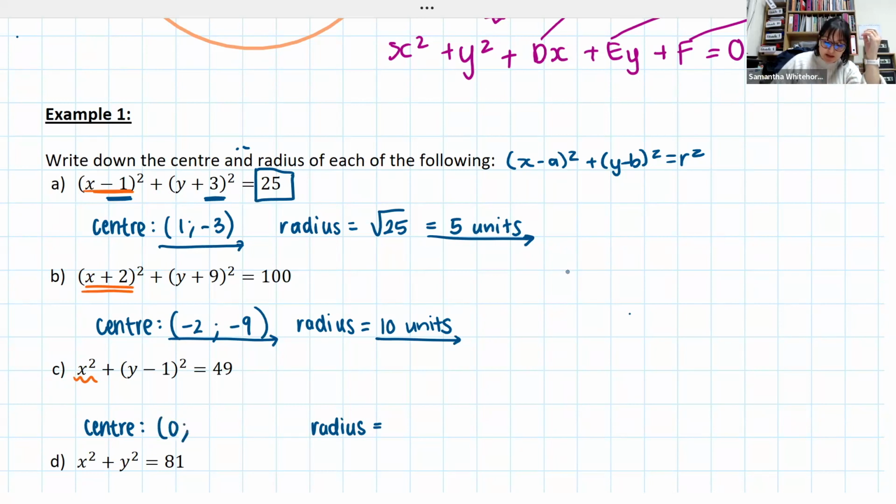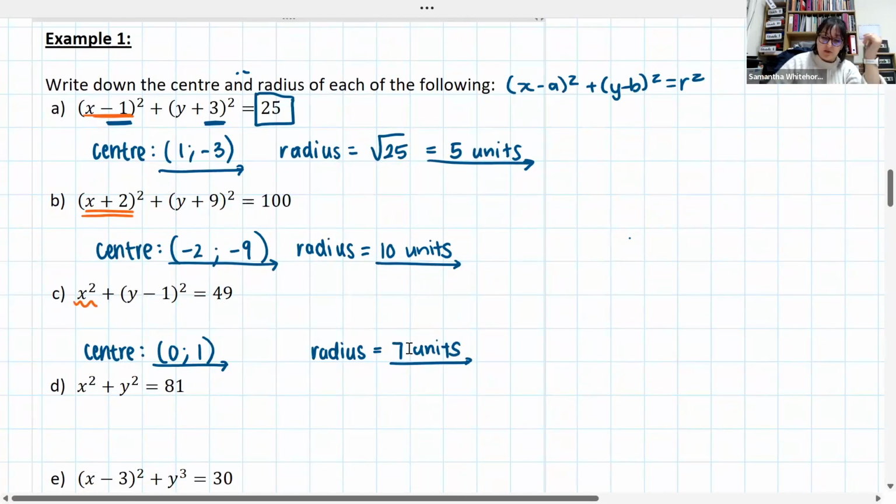So your center has an x coordinate of 0, and then according to that bracket with y, a y coordinate of 1. Our radius is 7 units. So anytime you see an x squared by itself or a y squared by itself, it means that that coordinate is just 0.